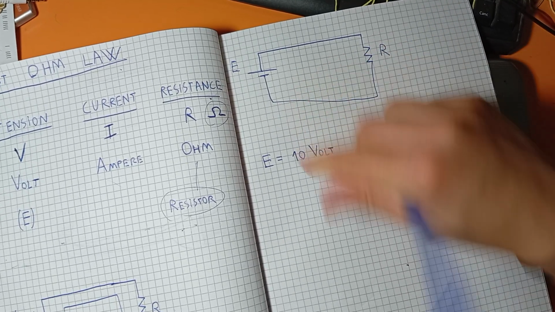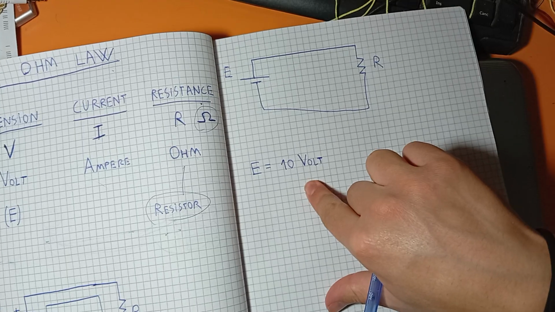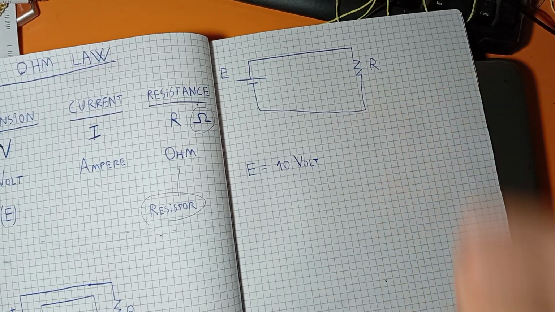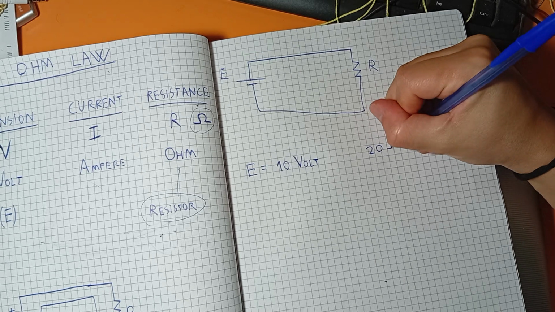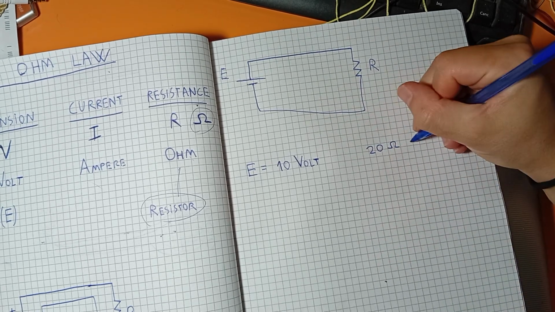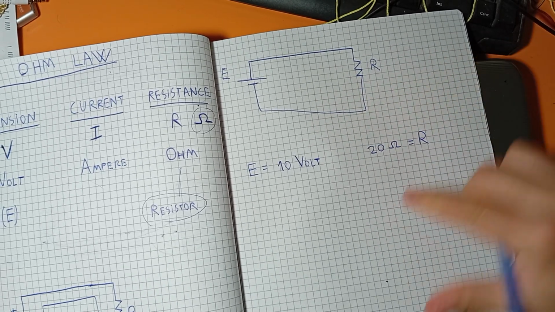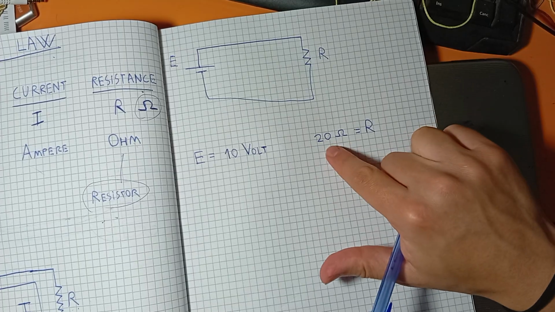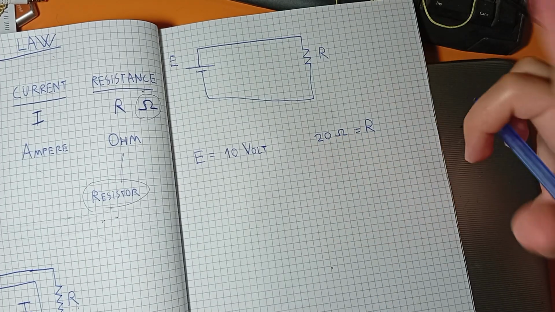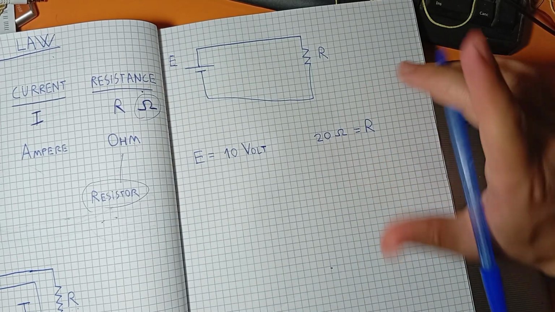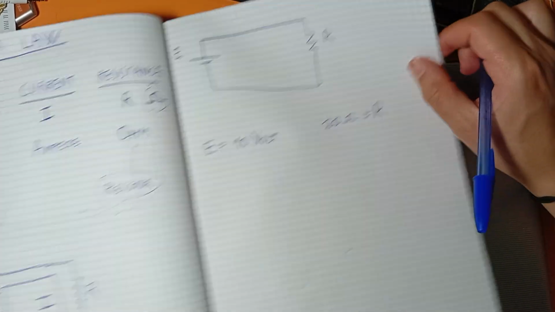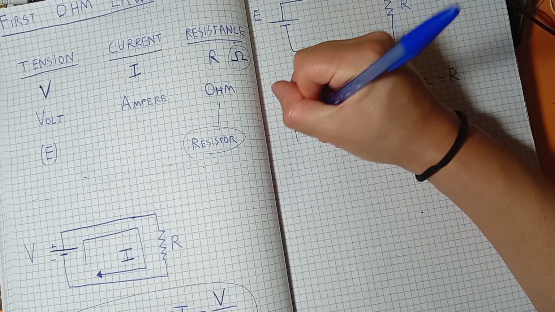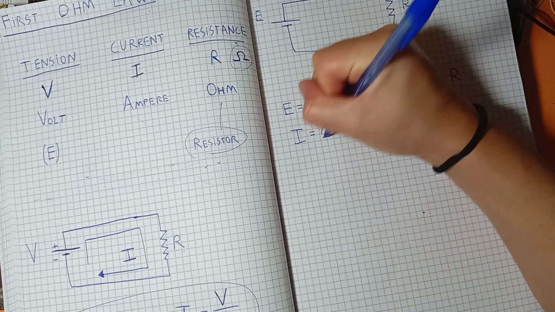Okay, so we have 10 volt for the generator and 20 ohm for the resistor. Okay, you write it in this way: resistor equal 20 ohm. Okay, this is ohm, omega. Okay, how much is the current? We don't know the current.